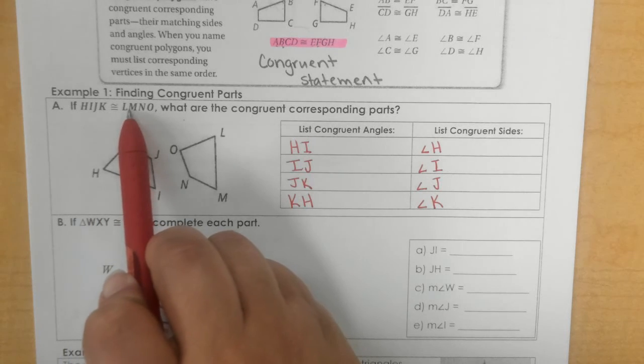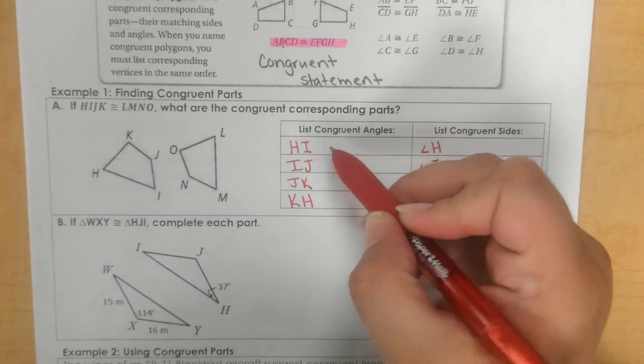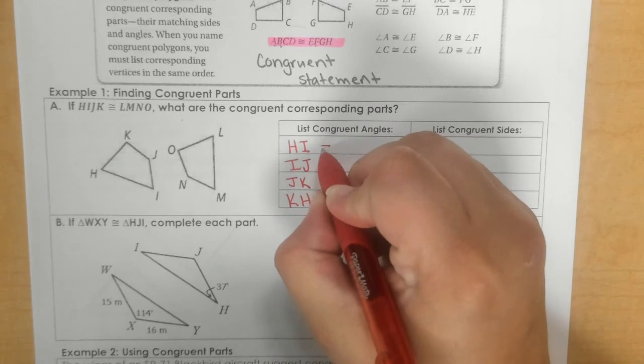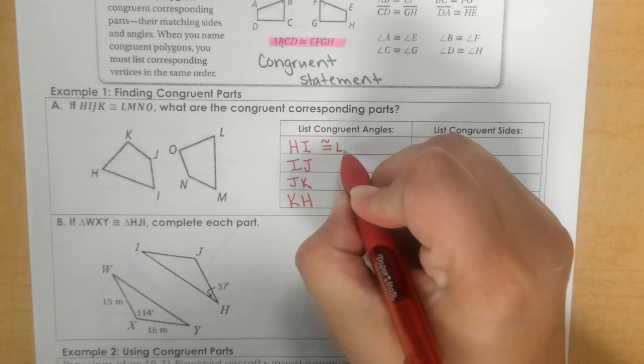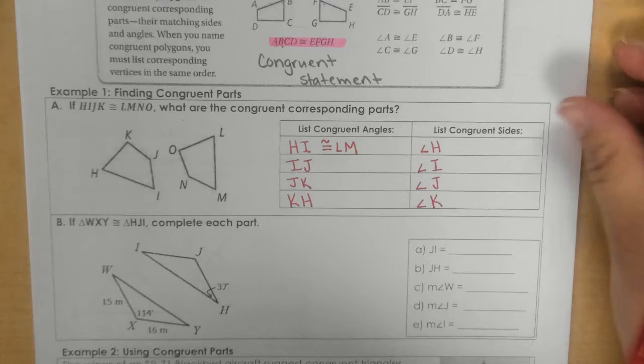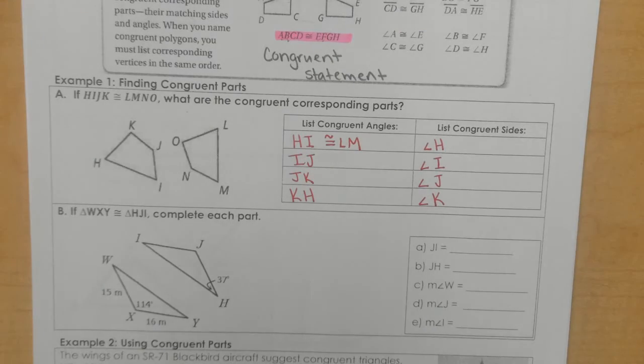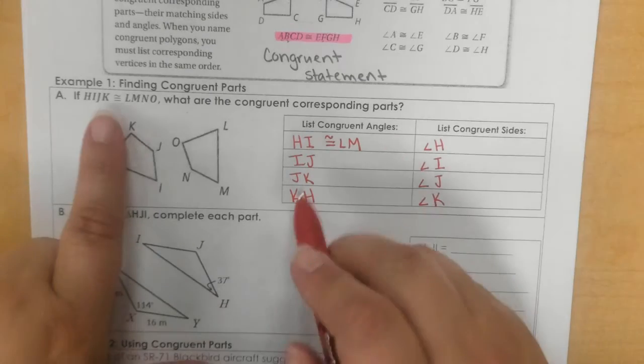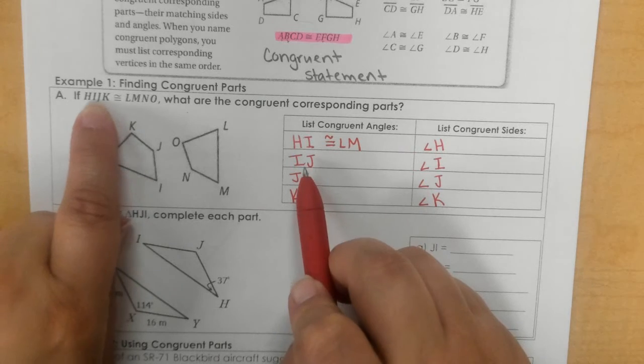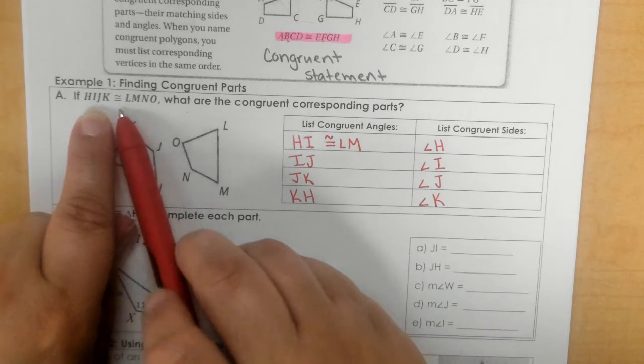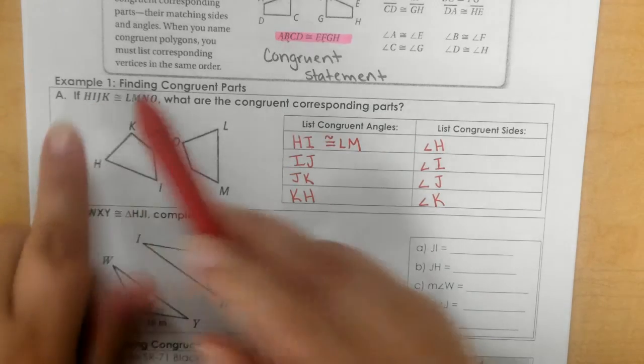LM is the first two letters. Has to be LM. So HI is congruent to LM. And then we had IJ. So here's IJ in the middle. And that has to be congruent to MN.